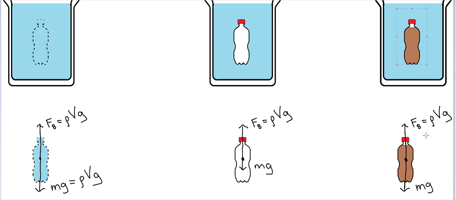It's not experiencing any net force if the weight of this plastic bottle plus the weight of that air plus the weight of the soda is actually equal to the buoyant force, right?